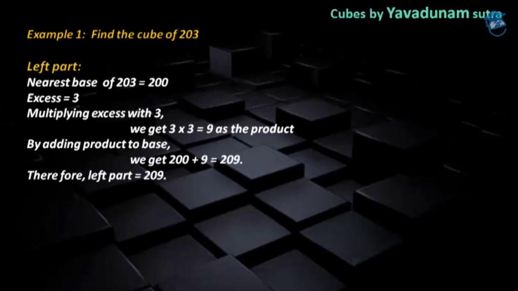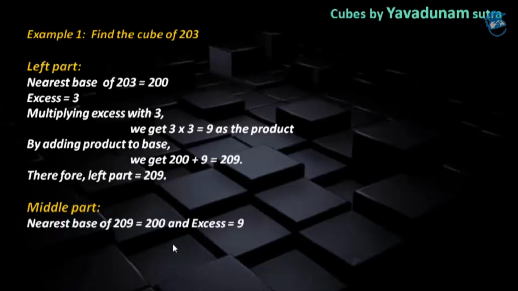Now after completing the left part and moving to the middle part, the first step is to take the answer we got in the left part and find the nearest base and excess for it. Taking the left part answer 209, the nearest base is 200 and the excess is 9. Comparing 209 with 200, we get an excess of 9.